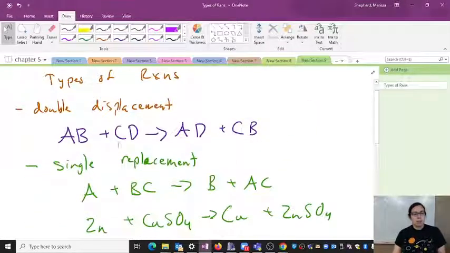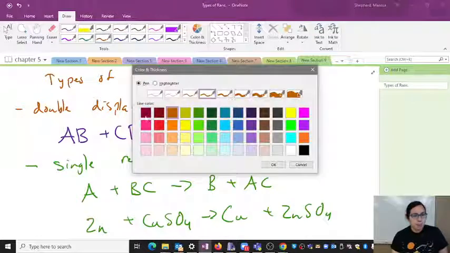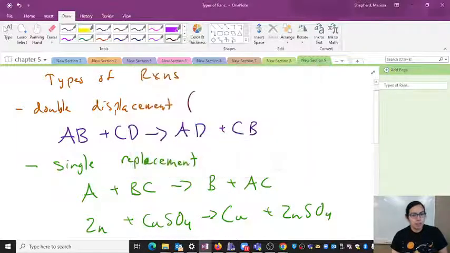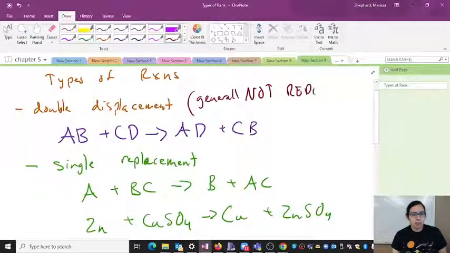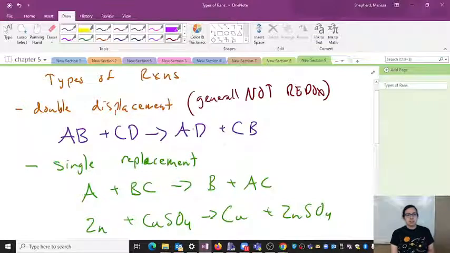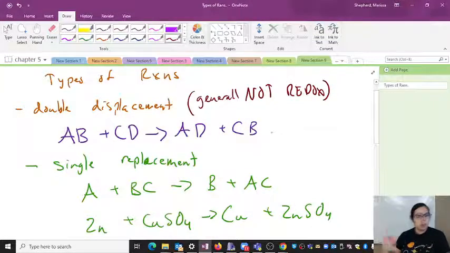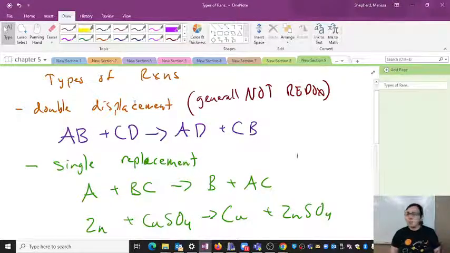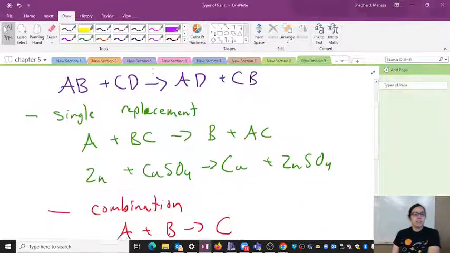If you notice, the double displacements are just swapping, so our oxidation states won't change. These are generally not redox. I don't want to say never, because there could be some weird reaction scenario that I'm not thinking of, but generally double displacements aren't changing oxidation states.